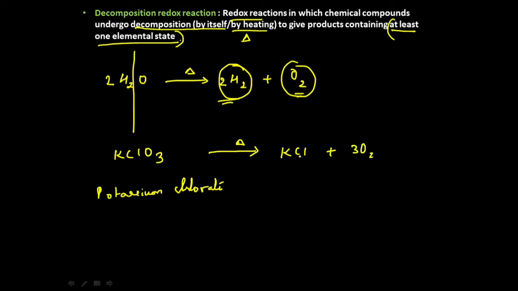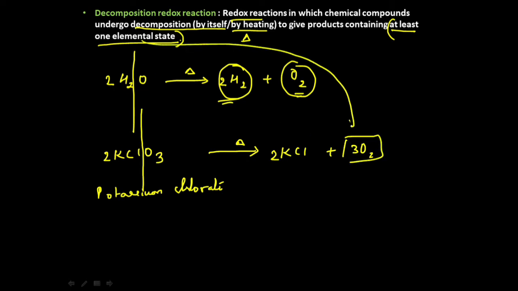Balance this, and you will get it like this. See here, when we heat this molecule, it will undergo decomposition or breakage, and it will give at least one elemental state. Elemental state means the free state of any element.